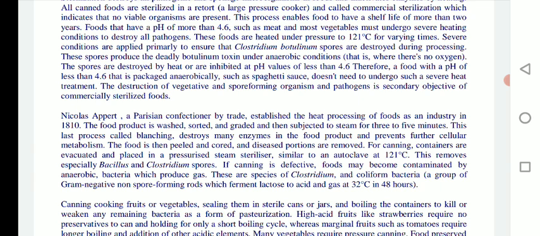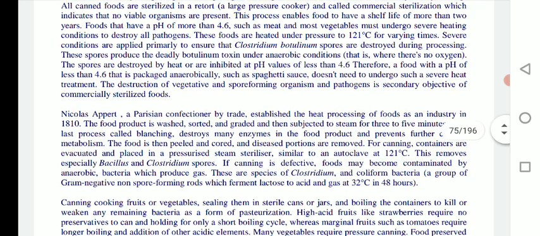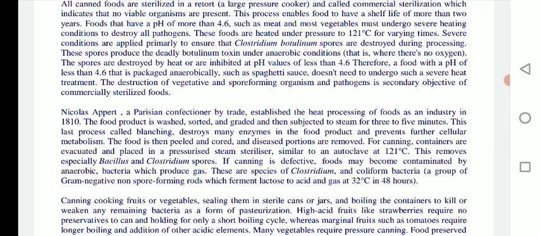The principle of sterilization is based on the autoclave, where foods are heated under pressure, steam under pressure being the basic principle used in this procedure, and severe conditions are applied primarily to ensure Clostridium botulinum spores are destroyed during processing.